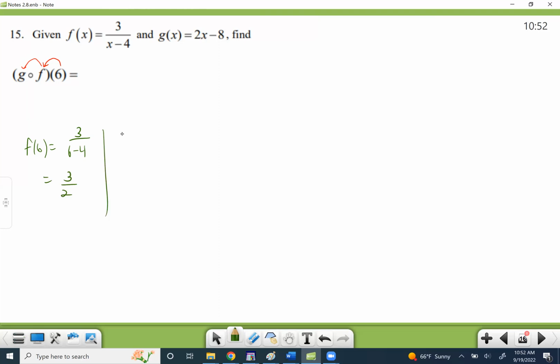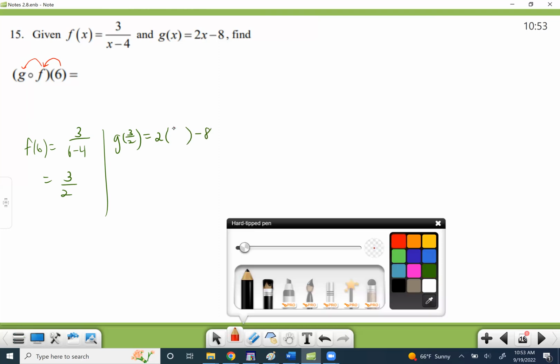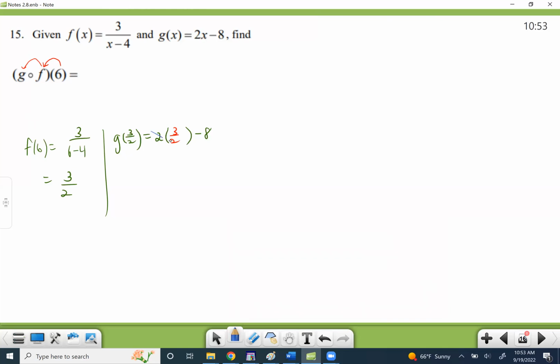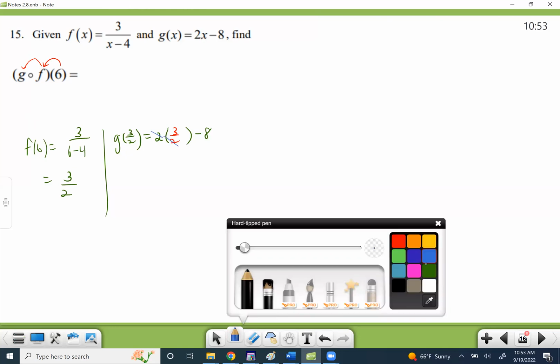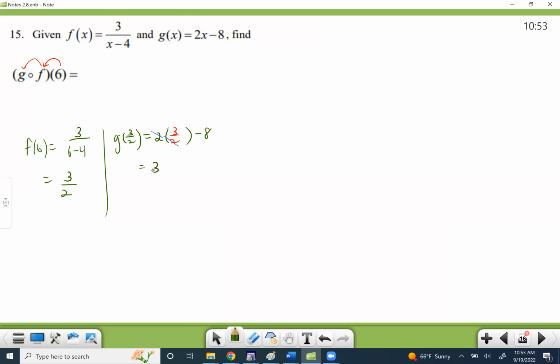So now we're going to take that and substitute that into G. So 2 times 3/2 minus 8. Let's put the 3/2 in there. All right, we're going to just cross cancel these 2's. So we're just left with 3 minus 8, which is -5. So that's going to be your answer, okay?